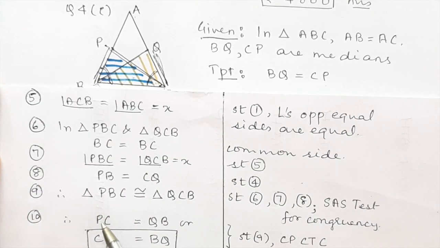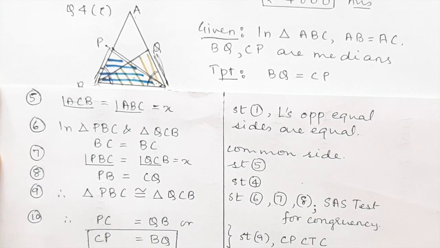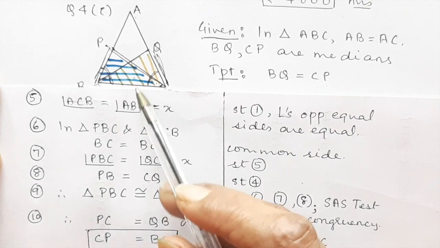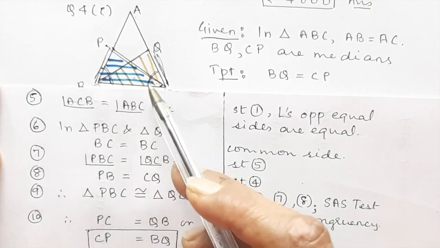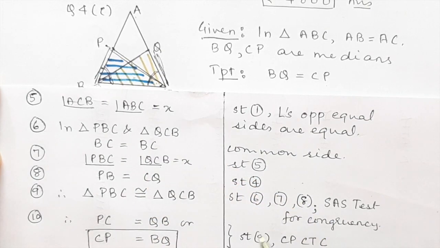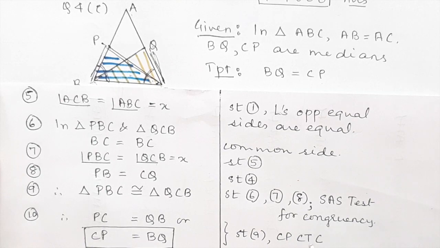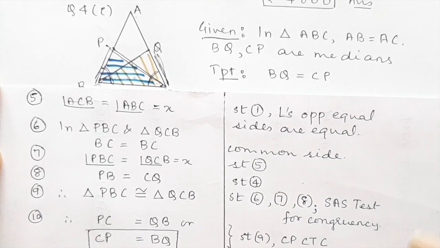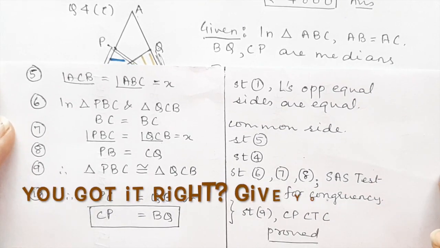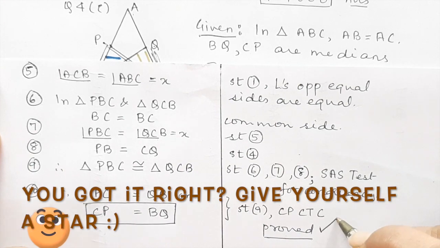Therefore, we will have PC equal to QB, which is the same as CP equal to BQ. They are the corresponding sides of the congruent triangles, so they are congruent. So we write from statement number 9, because of CPCTC, we have proved that the medians are equal.